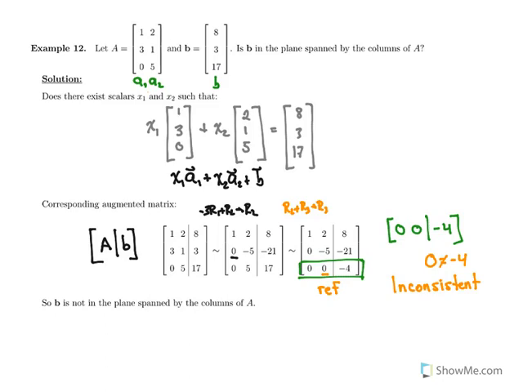Putting it in a slightly different way, this means that B is not in the plane spanned by the columns of A. B is not in the span of the vectors A1 and A2. We're going to continue talking about this kind of vector equation, this A and B, in the next section, 1.4.